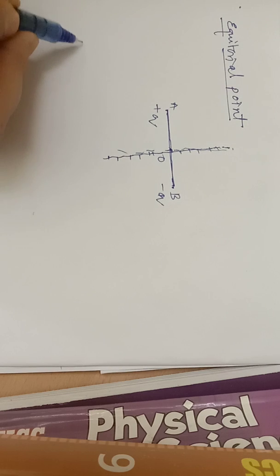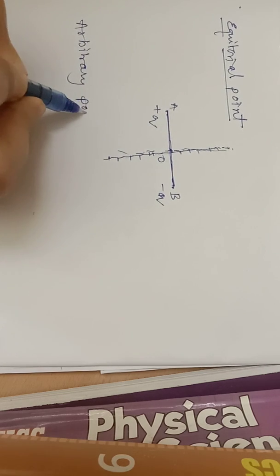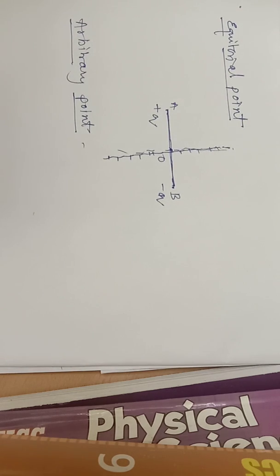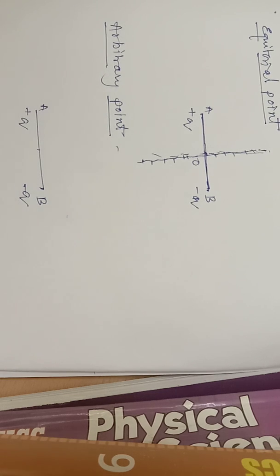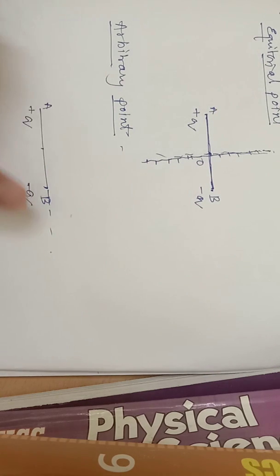Okay, now the third point was the arbitrary point. What is the meaning of arbitrary point? Dipole is plus q at A here and minus q at B here, then any point except on the axis or the equator. Means the point should not be on the axis of the dipole or on the equator of the dipole.